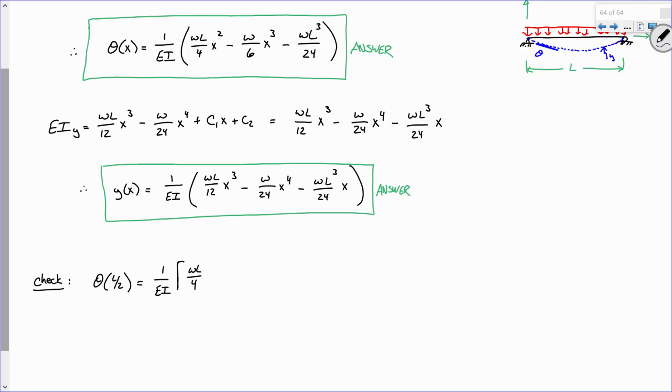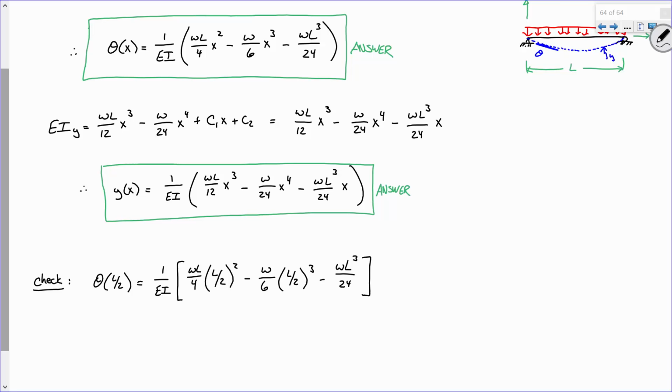So we have L over 2 squared minus W over 6 times L over 2 cubed minus WL cubed over 24. Is everybody okay with that?